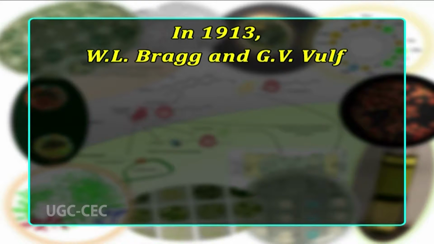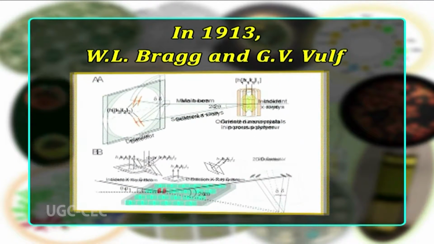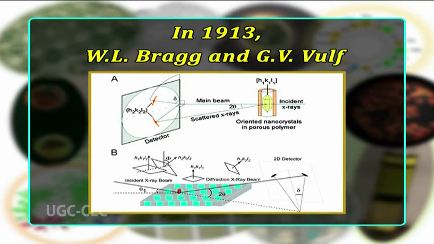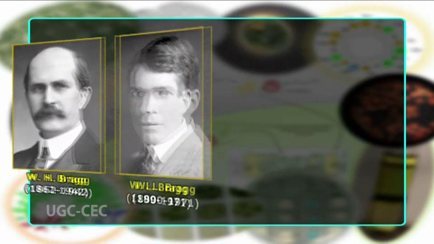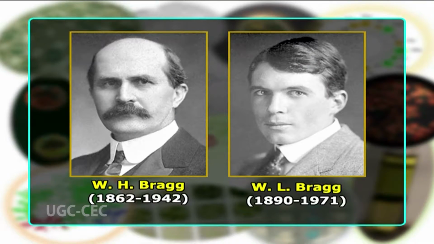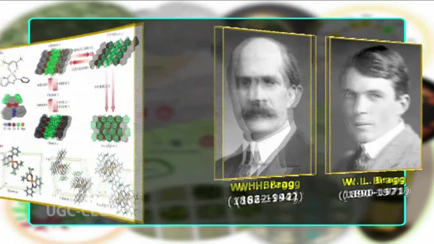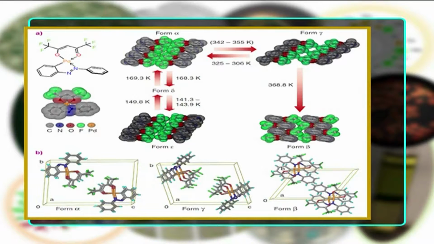These investigators directed a narrow beam of X-rays onto a stationary crystal with a photographic plate behind. In 1913, Bragg and Wolf proposed a simpler explanation of the diffraction pattern of X-rays by a crystal as diffraction reflection. In the same year, H. Bragg and L. Bragg determined the first atomic structure of a simple crystal via the X-ray diffraction technique.